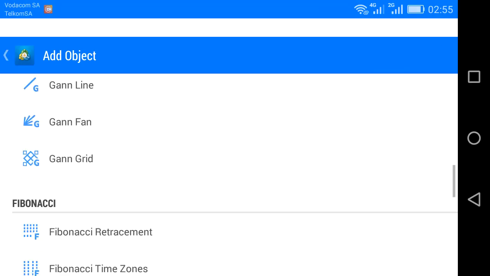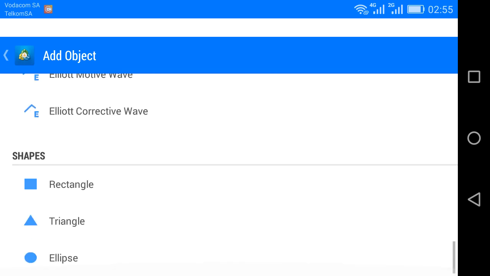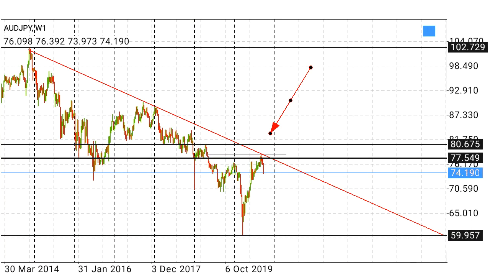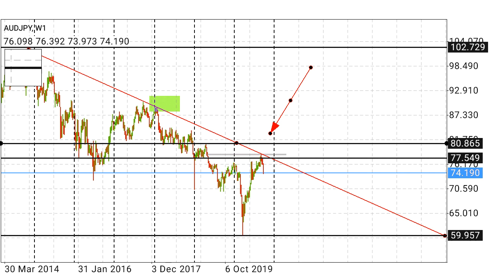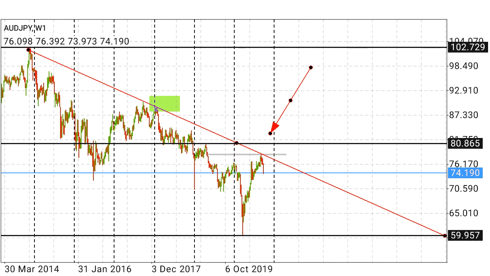I think I have to make a video where I talk about what trend lines are, because I'm sure the majority of you are not aware what trend lines are and how to use them, but that's not a problem.